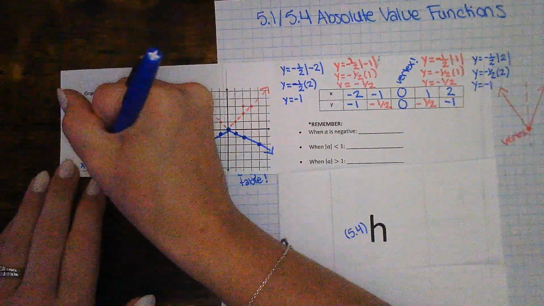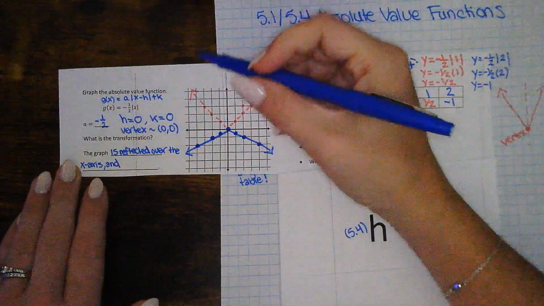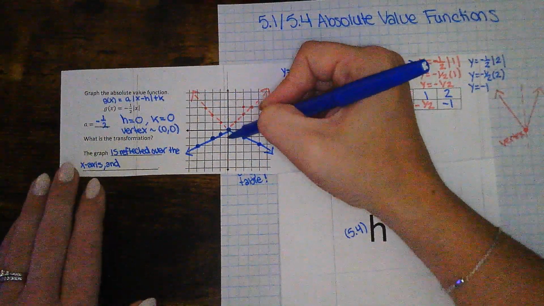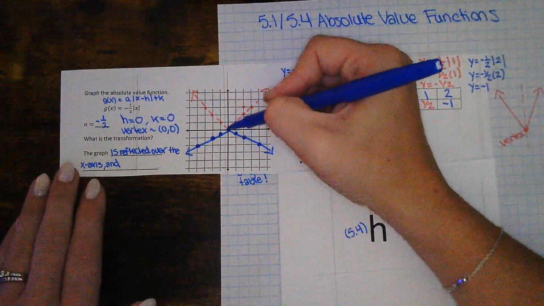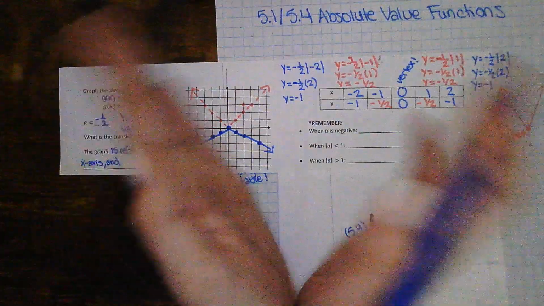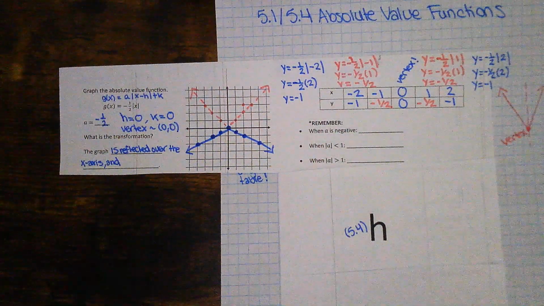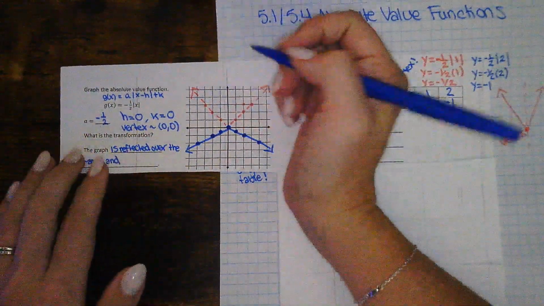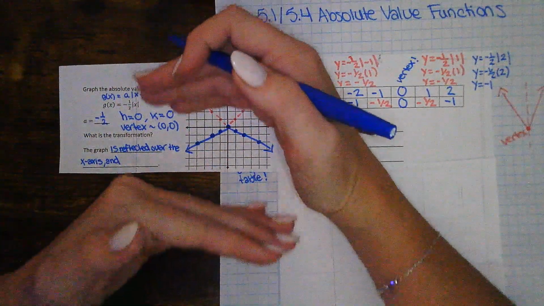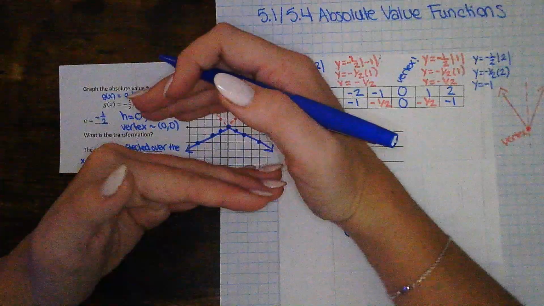And it's also wider, right? Because when I go down 1, I'm not going over 1. When I go down 1, I'm going over 2. Okay, that's making the V shape spread out more. It's making it wider. So the way that we say this is that it's vertically compressed, right?